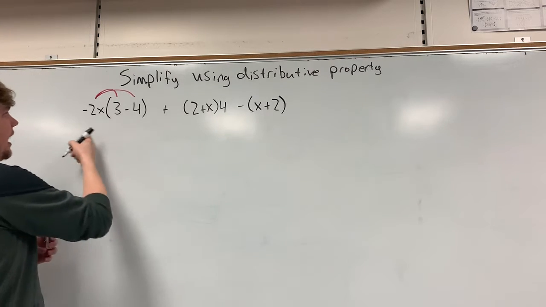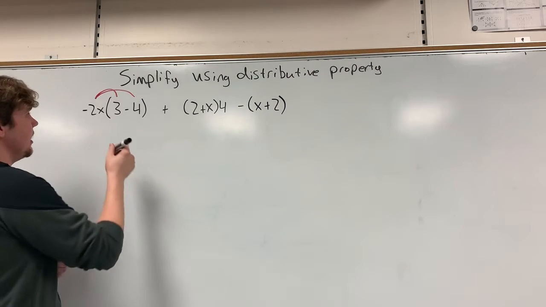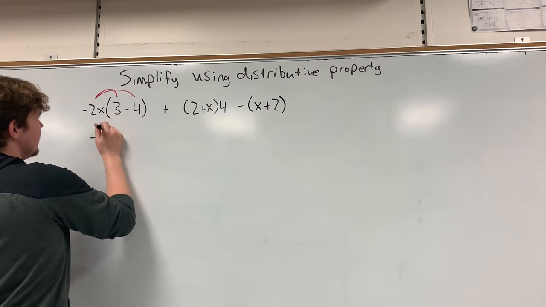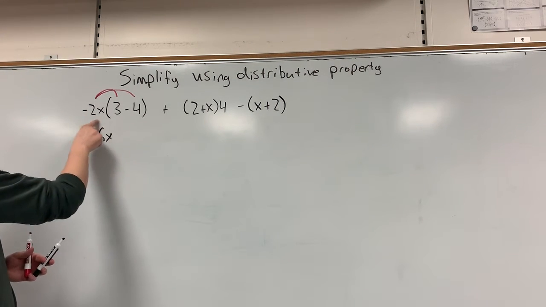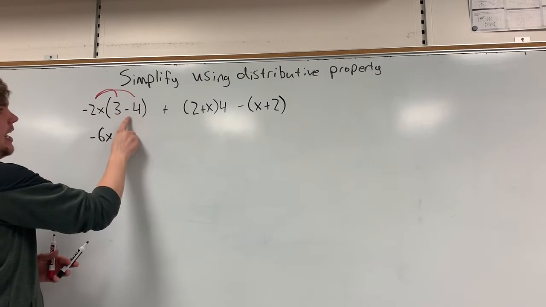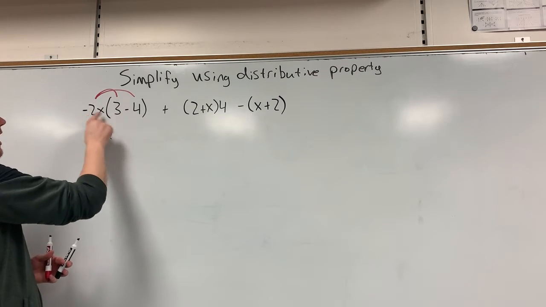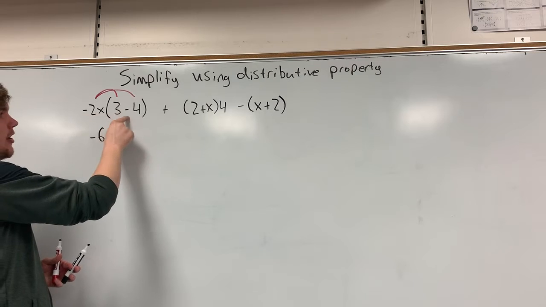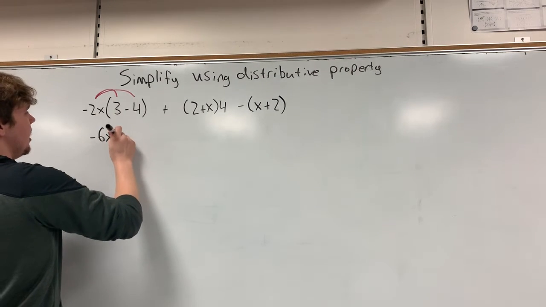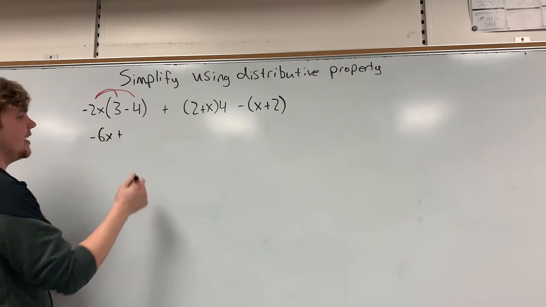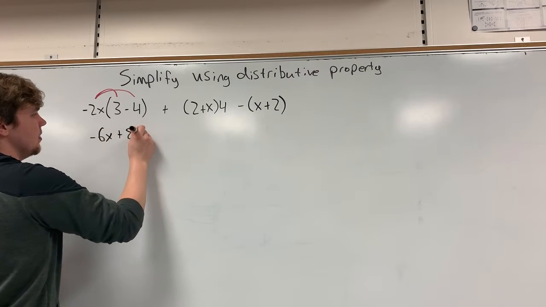Negative 2x times 3 is negative 6x. And then negative 2x times negative 4, well, the two negatives reduce each other and make a positive, because two negatives make a positive. And then 2 times 4 gets me 8x.